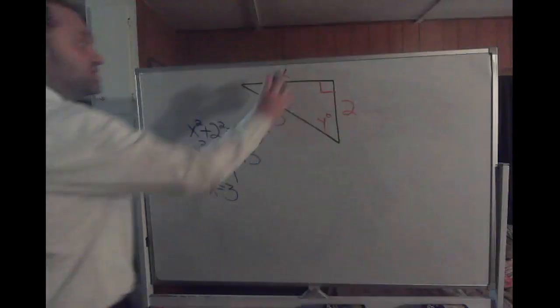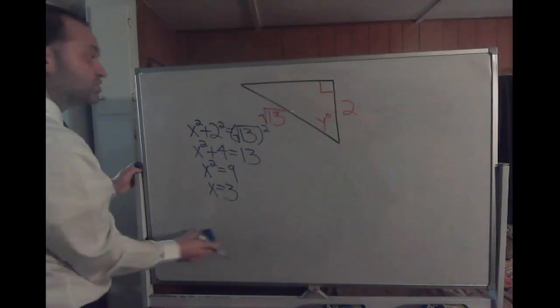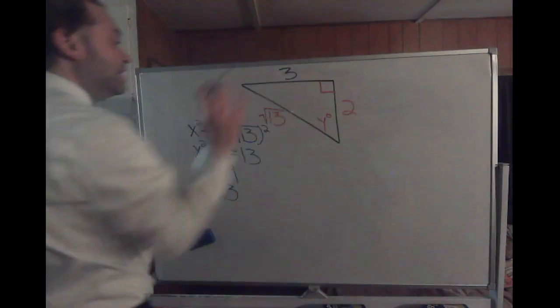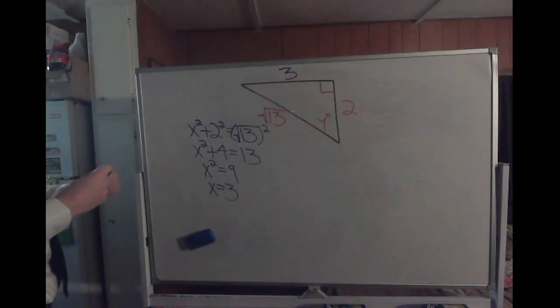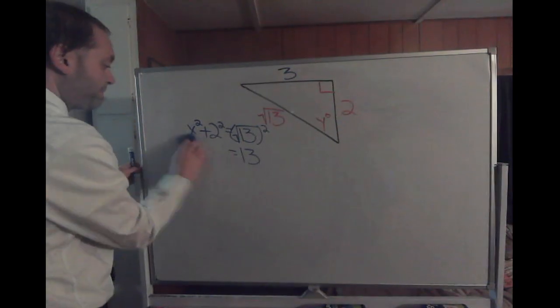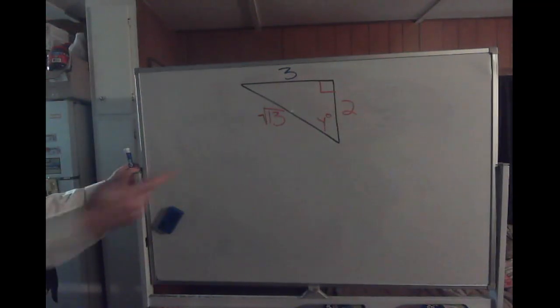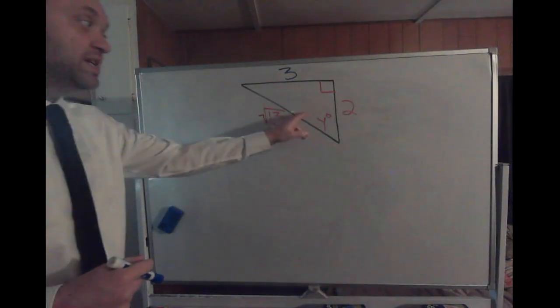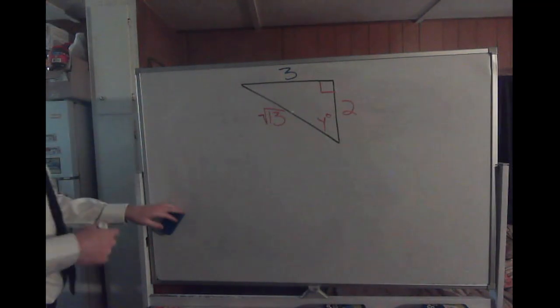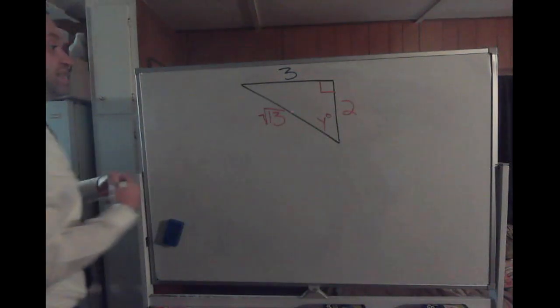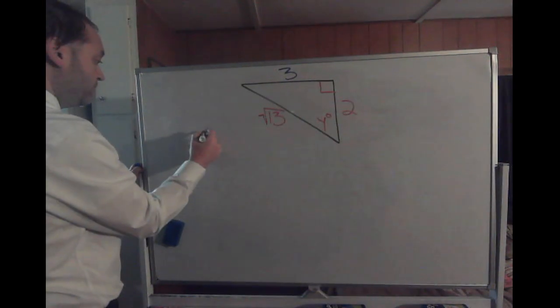So the length of this leg now is going to be 3. Now we're in business, we can solve our tangent. Sometimes you'll have to solve for missing other pieces that weren't asked for in order to get what you're asking for.